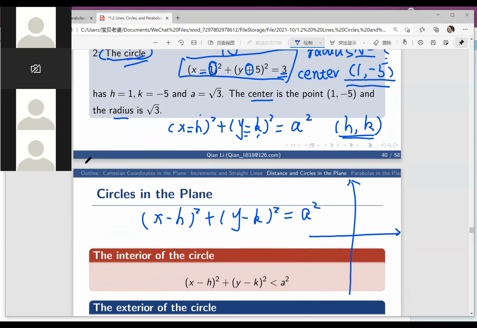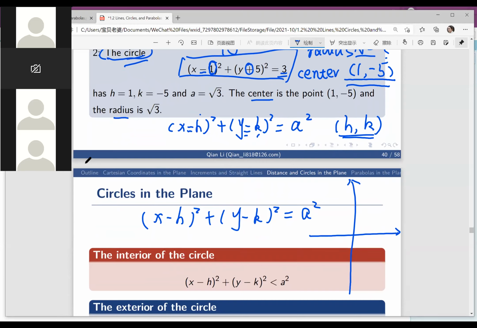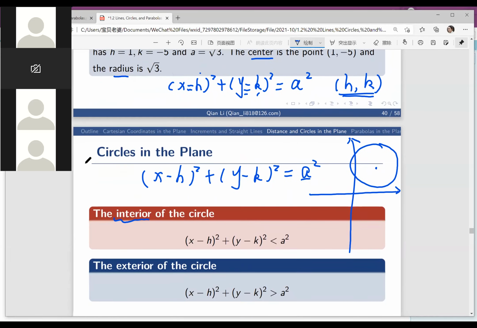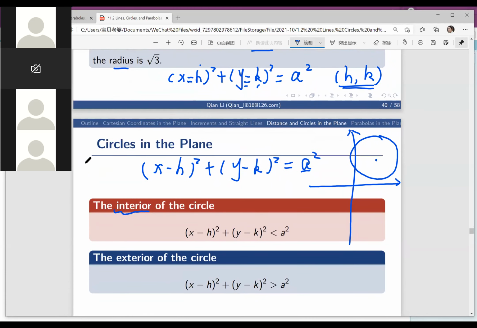So let's say there is a circle (x minus h) squared plus (y minus k) squared is equal to a squared, with this center and this radius. The interior of this circle means all the points whose distance from the center (h, k) is smaller than a.